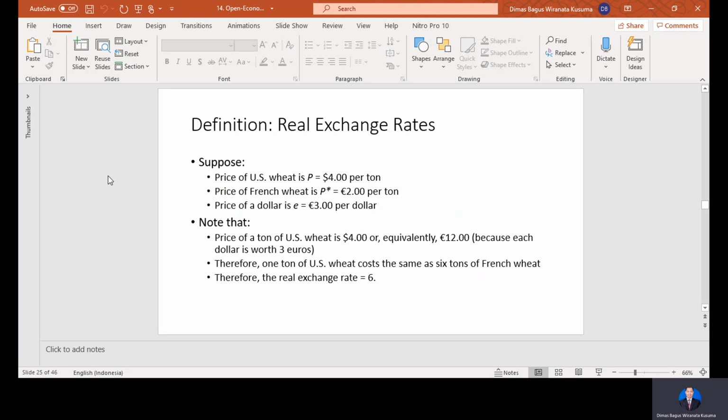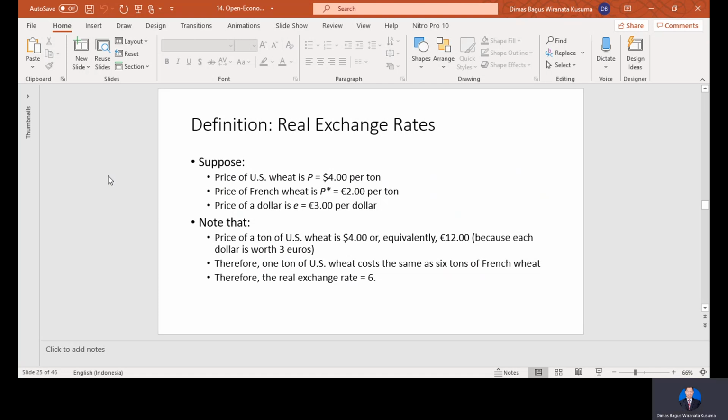Suppose the price of US wheat is 4 per ton. The price of French wheat is 2 euro per ton. The price of a dollar is 3 euro per dollar. Note that the price of a ton of US wheat, 4 dollars, is equivalent to 12 euros because each dollar is worth 3 euro.